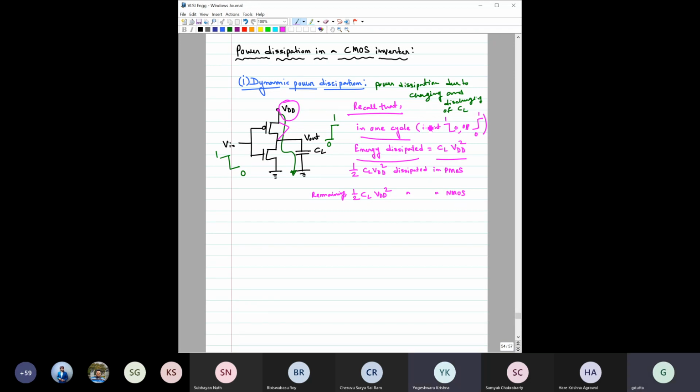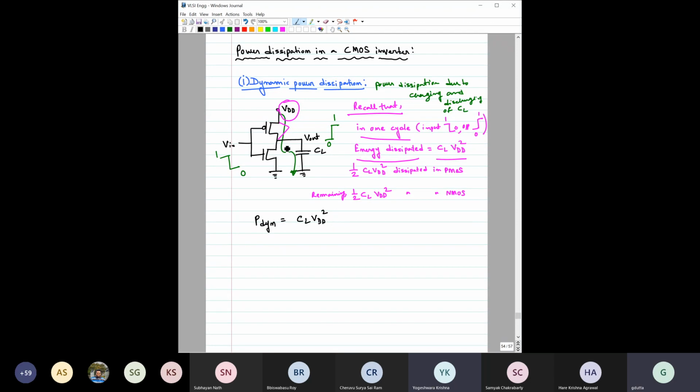like this is for only one cycle, right? Then we have to multiply it with some time factor, means we have to introduce some time factor. So power is basically energy dissipation per unit time, right? So then what would be the power? The dynamic power is this CL VDD square per unit time.